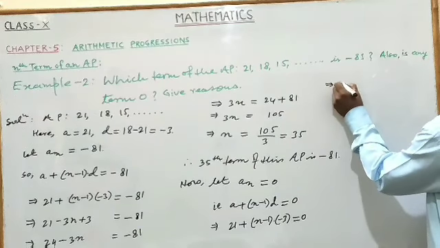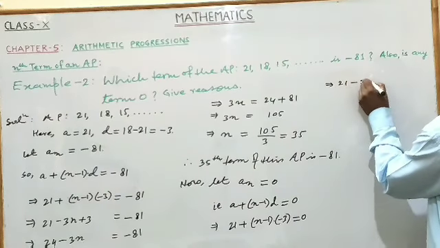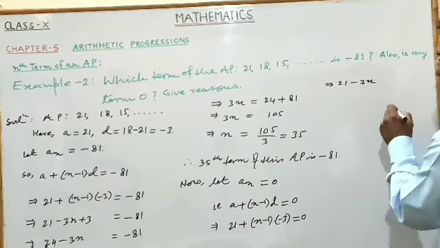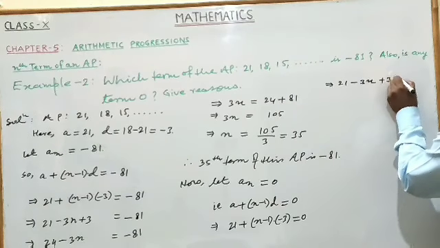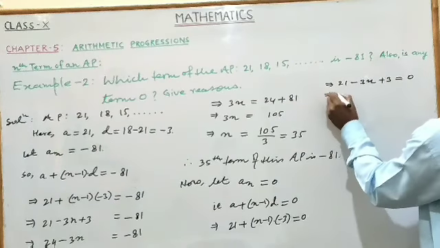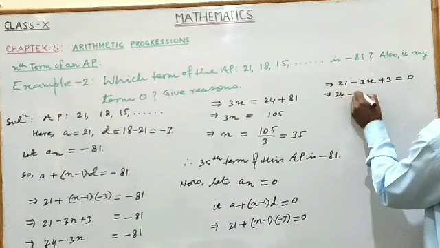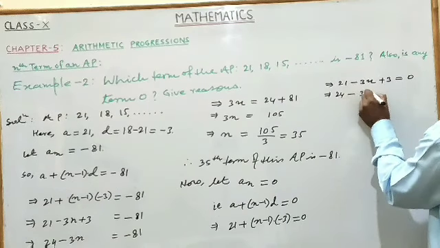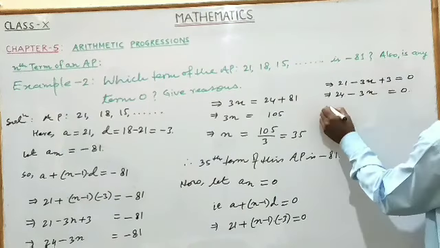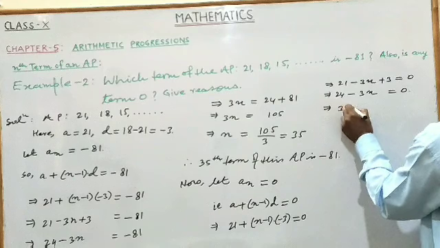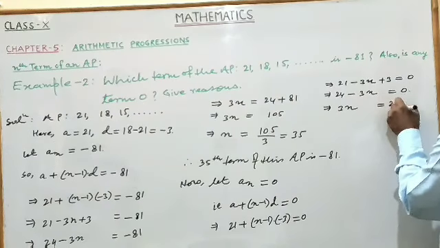So 21 minus 3n plus 3 equal to 0. 24 minus 3n equal to 0. So 3n is equal to 24.